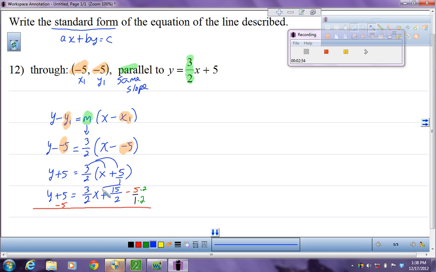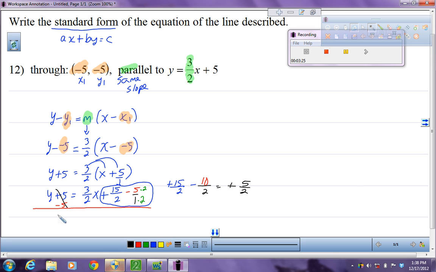And then all of this part right here is actually positive 15 over 2 minus 10 over 2. The 10 comes from the 5 times 2, and the 2 comes from the 1 times 2. So positive 15 and negative 10 gives me positive 5, and my common denominator is a 2.